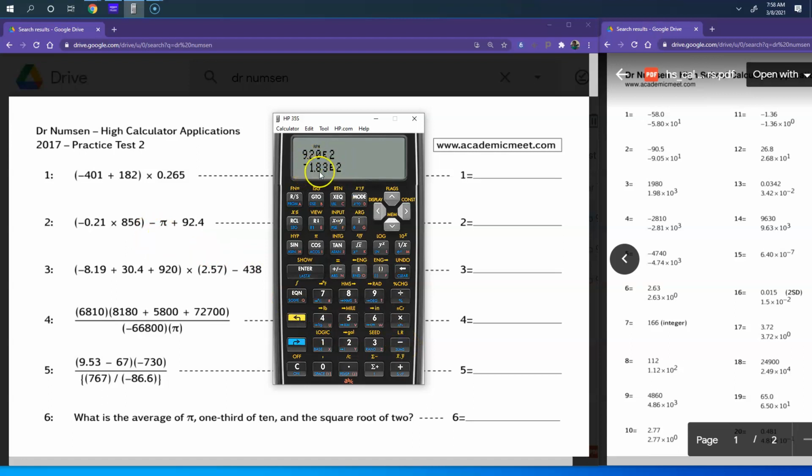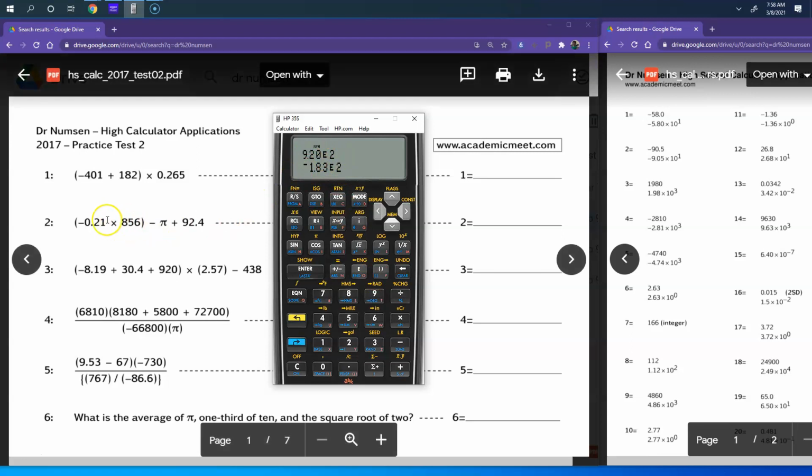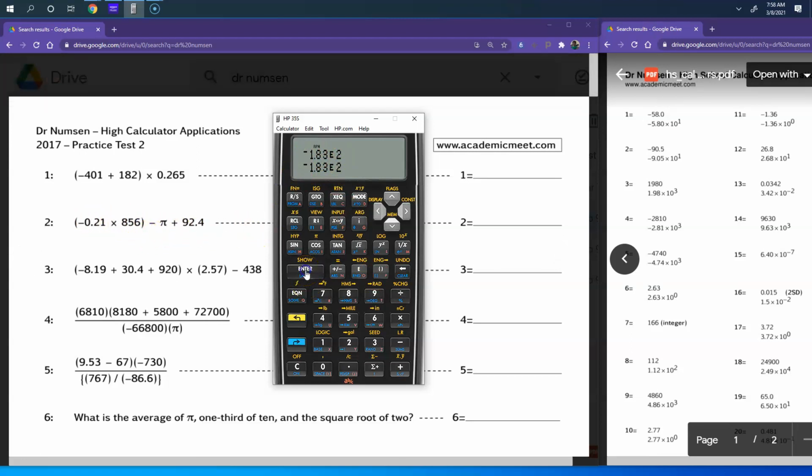Now that you have the subtraction between the product and pi, you want to save that, so press enter. Now you want to add 92.4. If you can see in your answer, it's going to be negative 9.05 times 10 to the first.